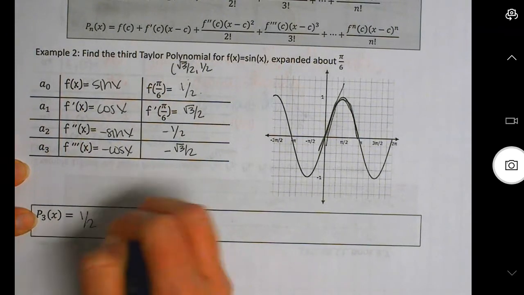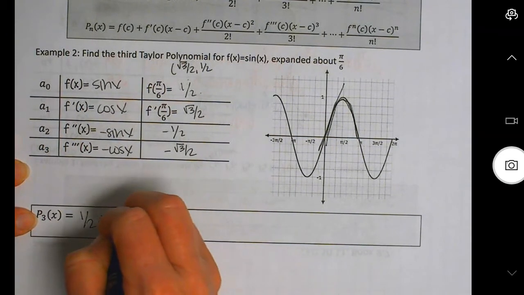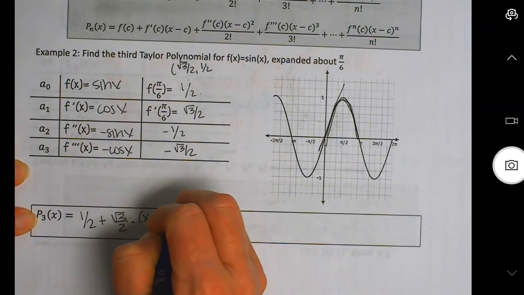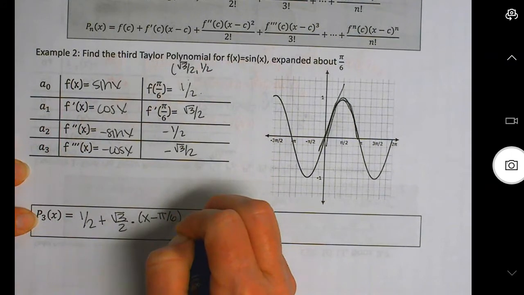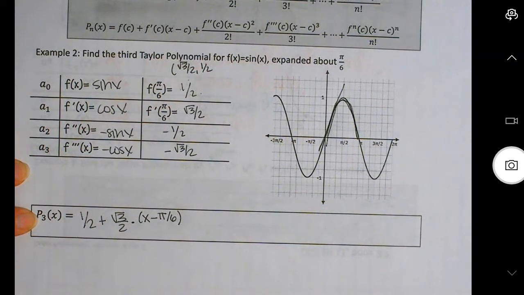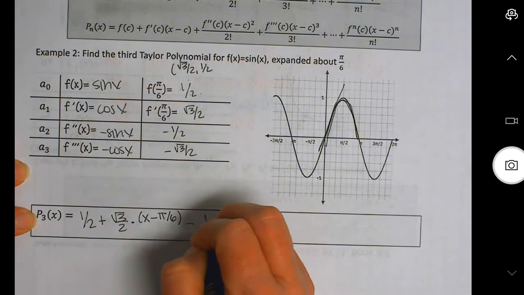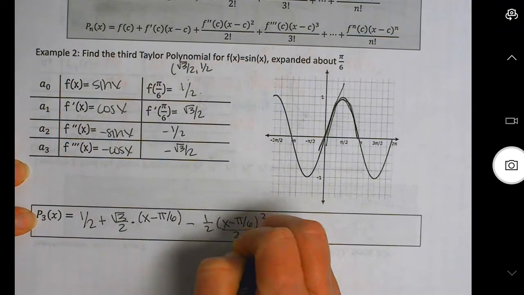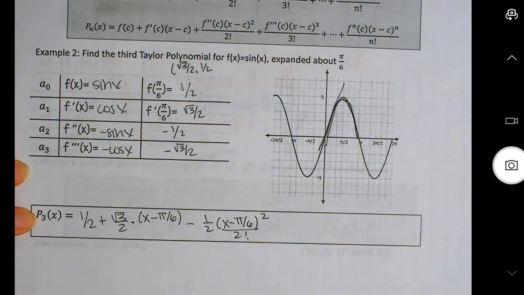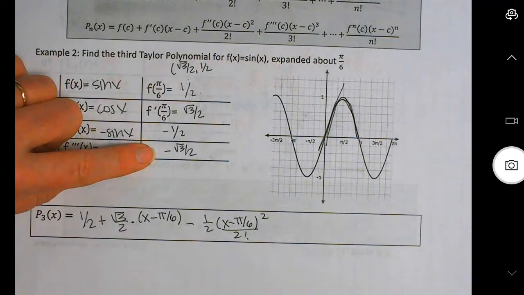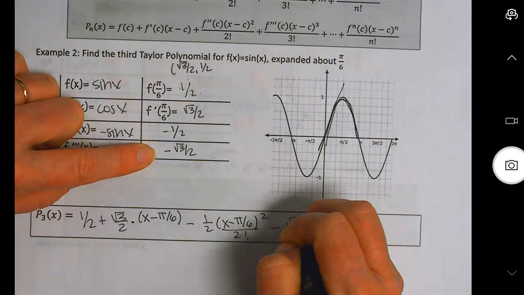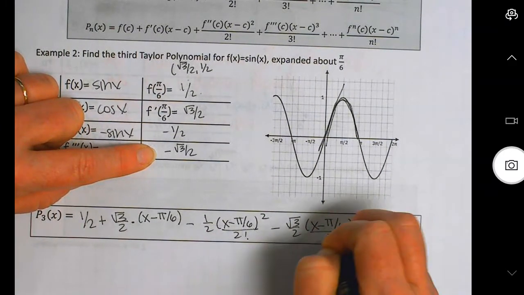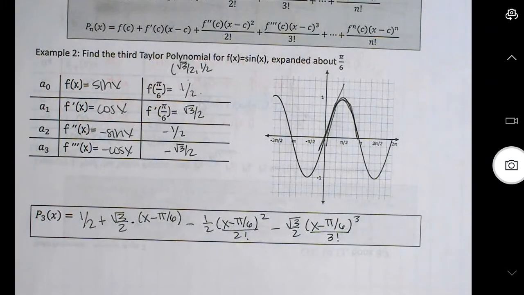I've got 1/2 plus square root of 3 over 2 times x minus pi over 6 over 1 factorial minus 1/2 x minus pi over 6 squared over 2 factorial. And then I would do this last one, minus square root of 3 over 2 x minus pi over 6 cubed over 3 factorial.